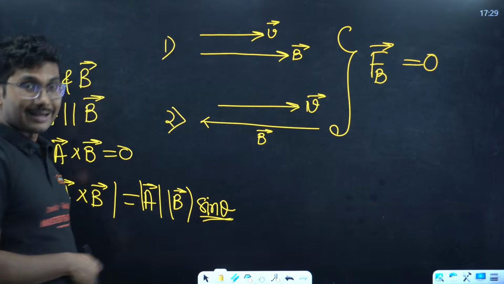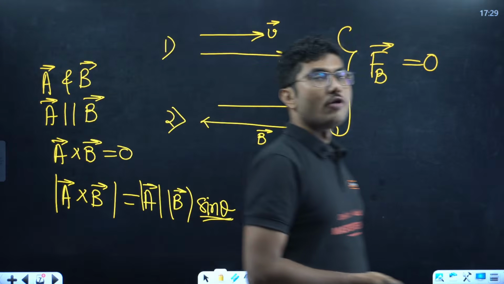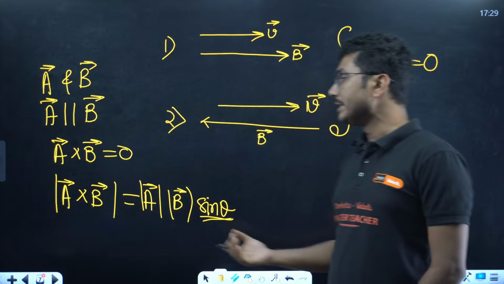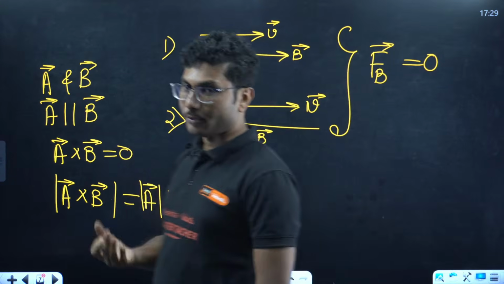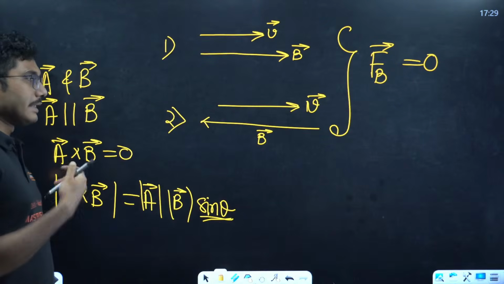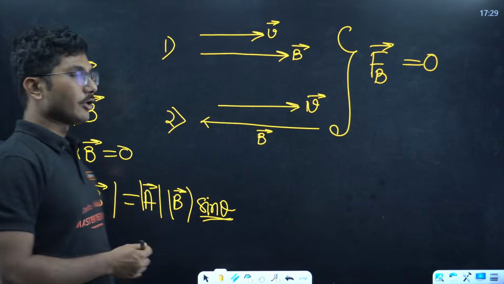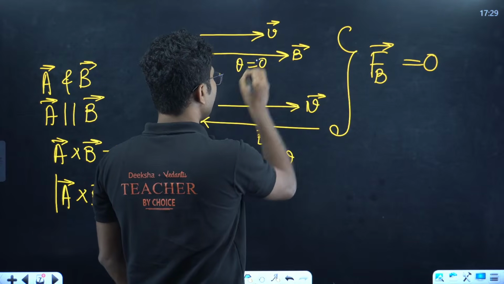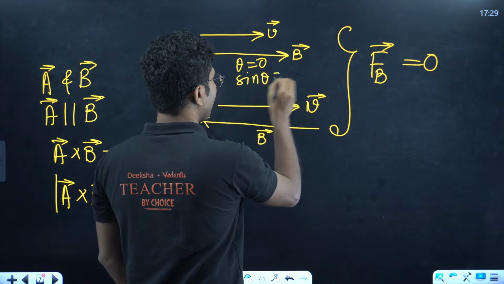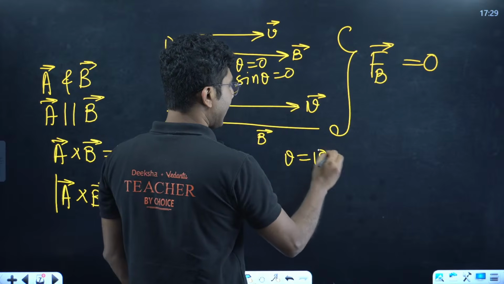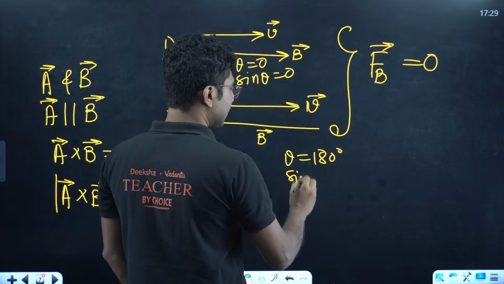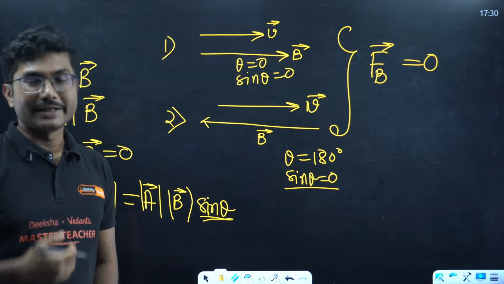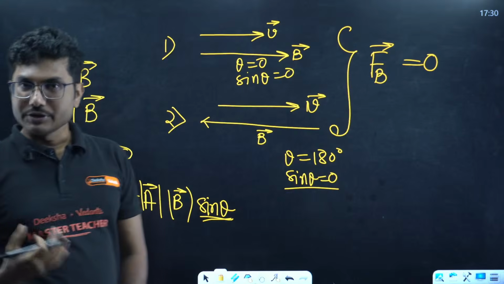In case of parallel, theta is 0, and for anti-parallel, theta is 180 degrees. Sine 0 is 0, sine 180 degrees is 0. That's why when you take the cross product of two vectors, if they are parallel or anti-parallel, their cross product is 0, because for theta equal to 0 or 180 degrees, in both cases sine theta becomes 0.